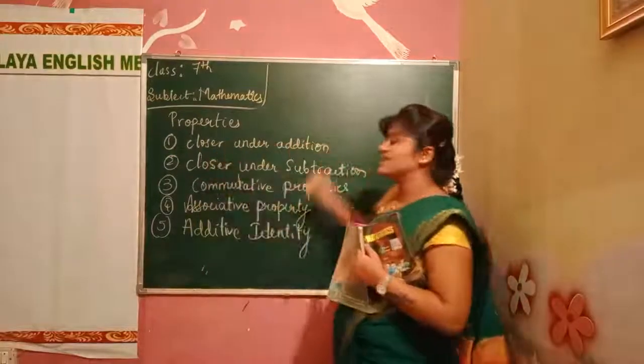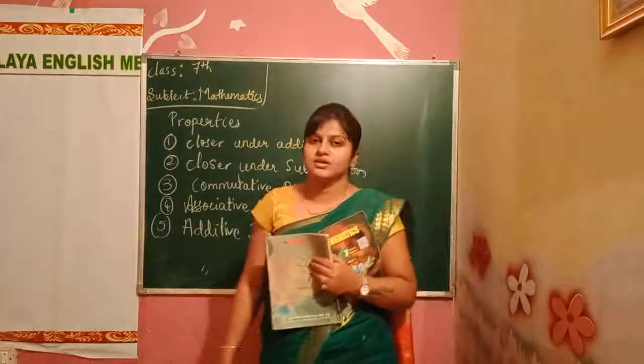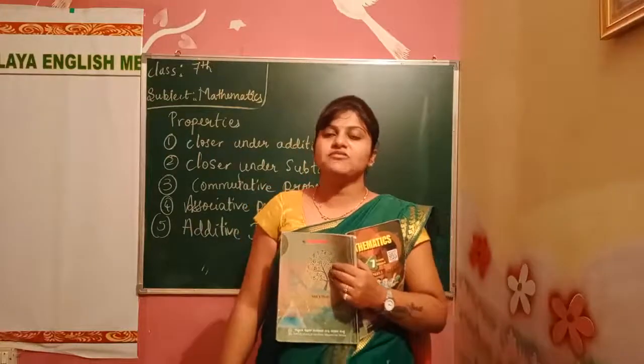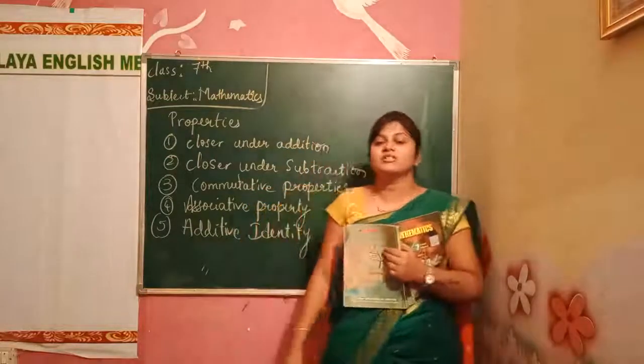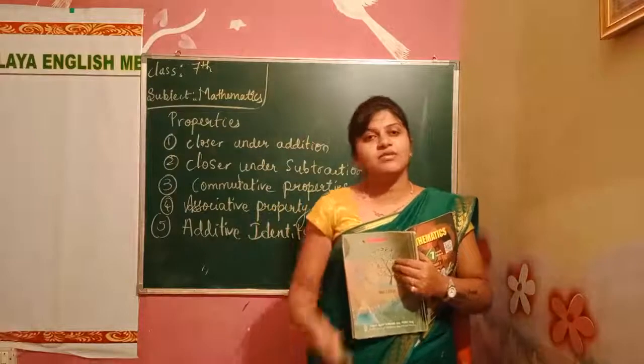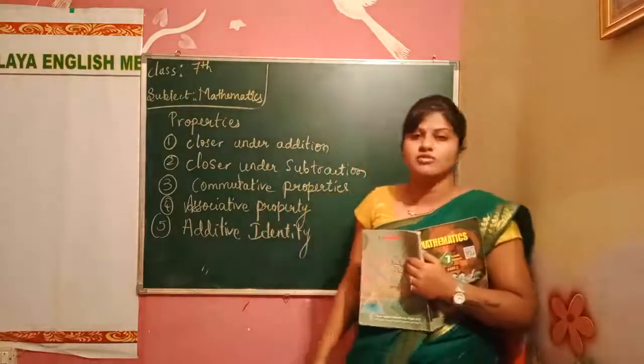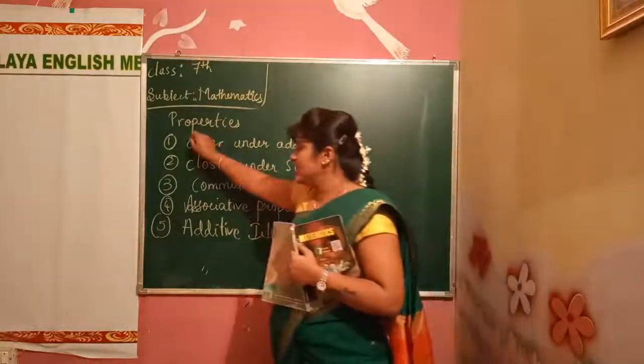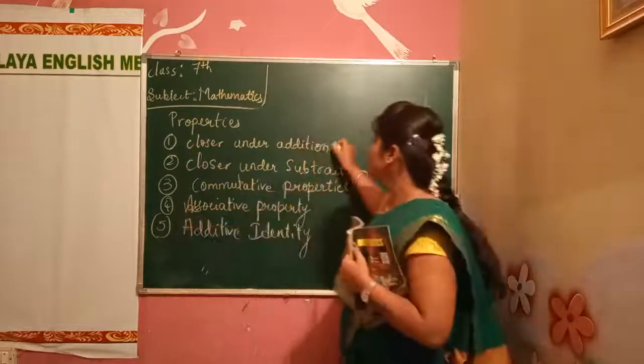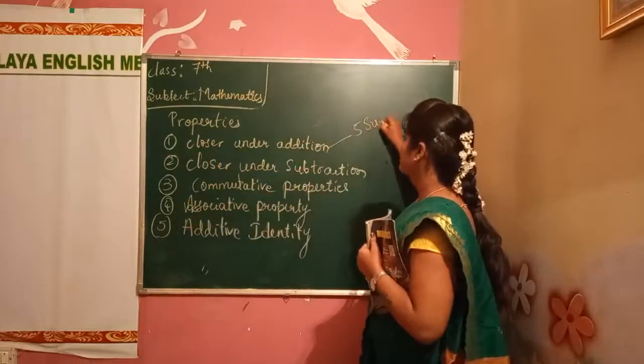Each property has a different statement, and depending on the statement, we solve the corresponding problem. What you have to do, children? Today's homework: for each property you have to solve 5 sums.